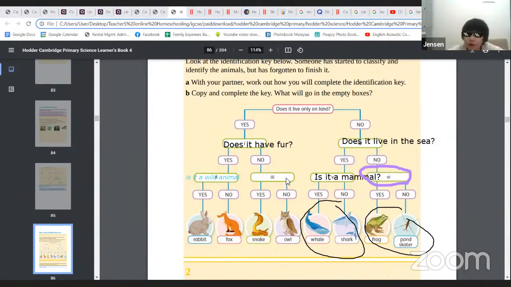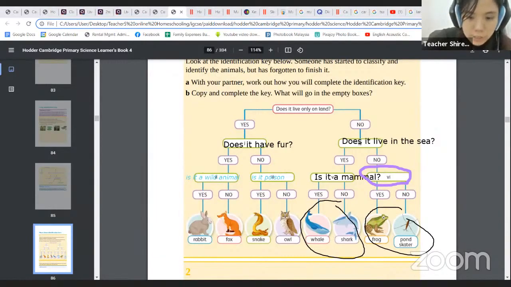Teacher, how do you spell poison? Poison. Okay, can. Your question, does it have poison?